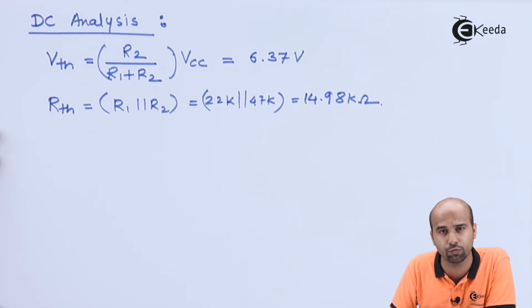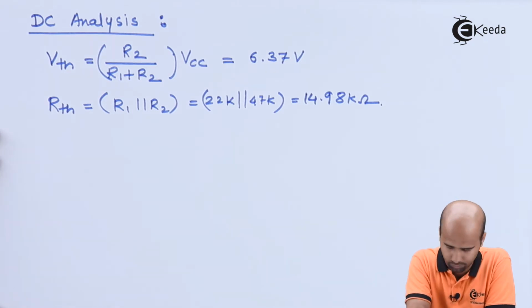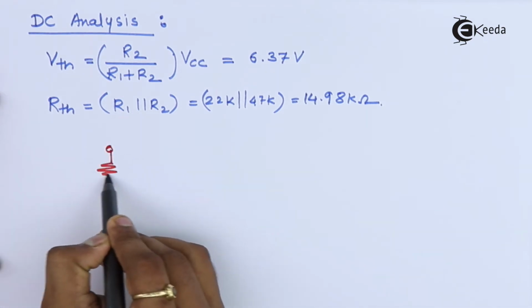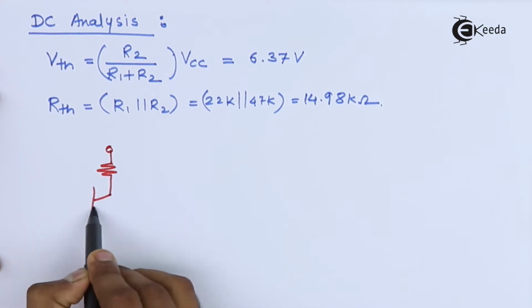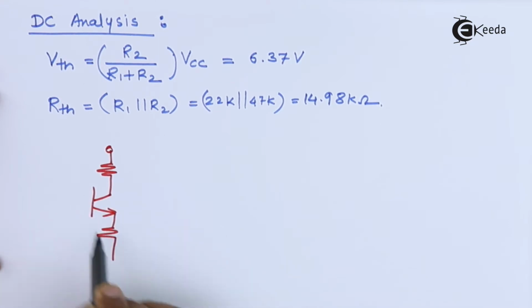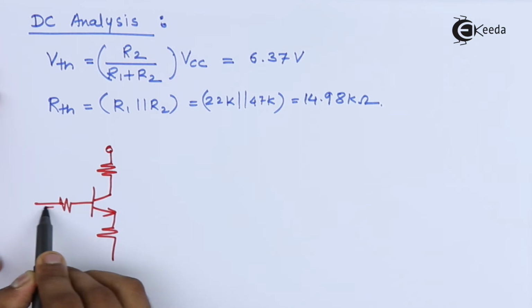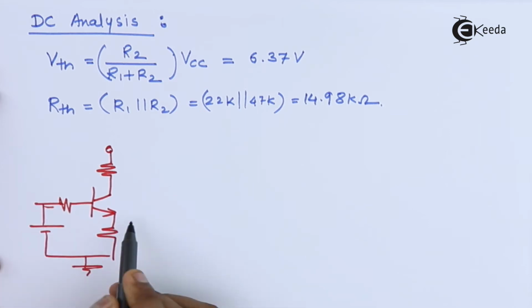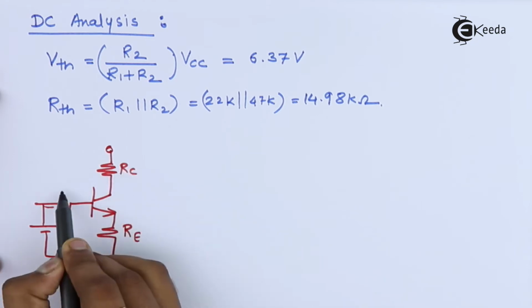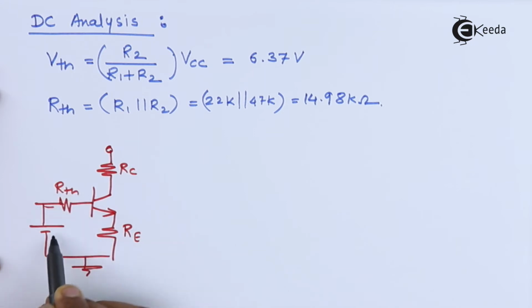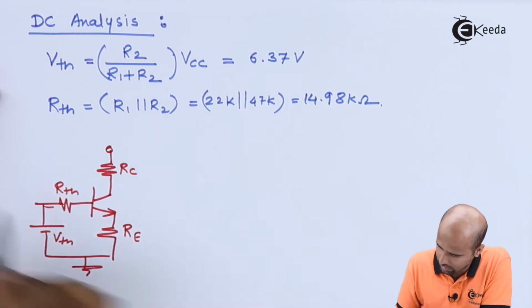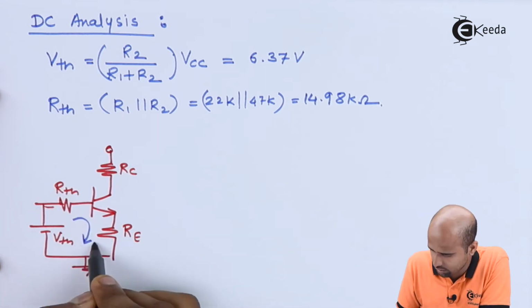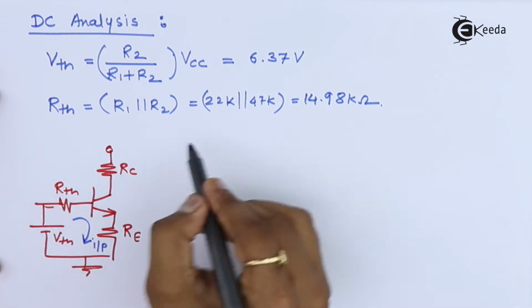We can proceed further for the input KVL by drawing the Thevenin's equivalent circuit, and then we will apply KVL for this input loop.